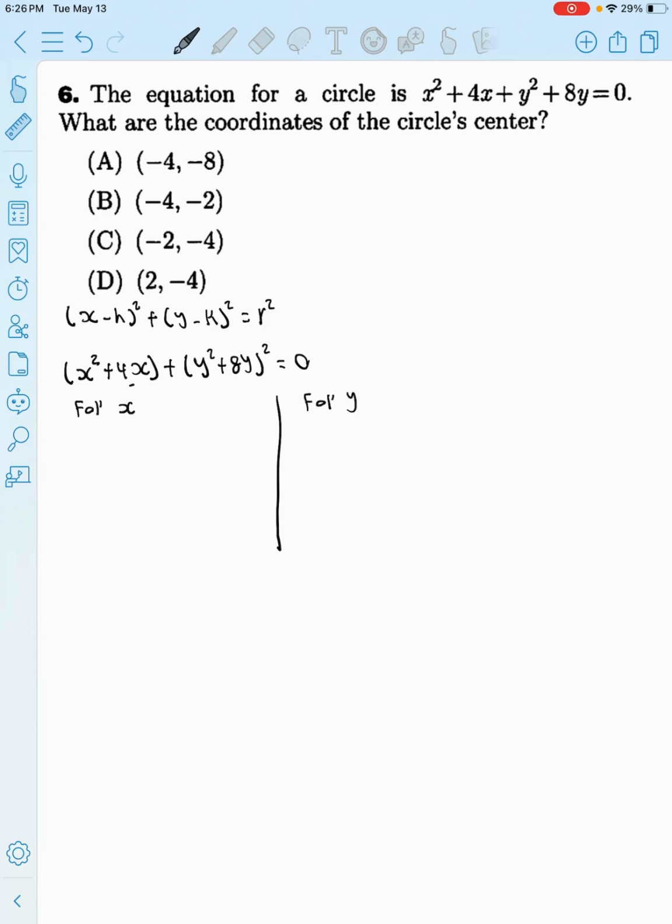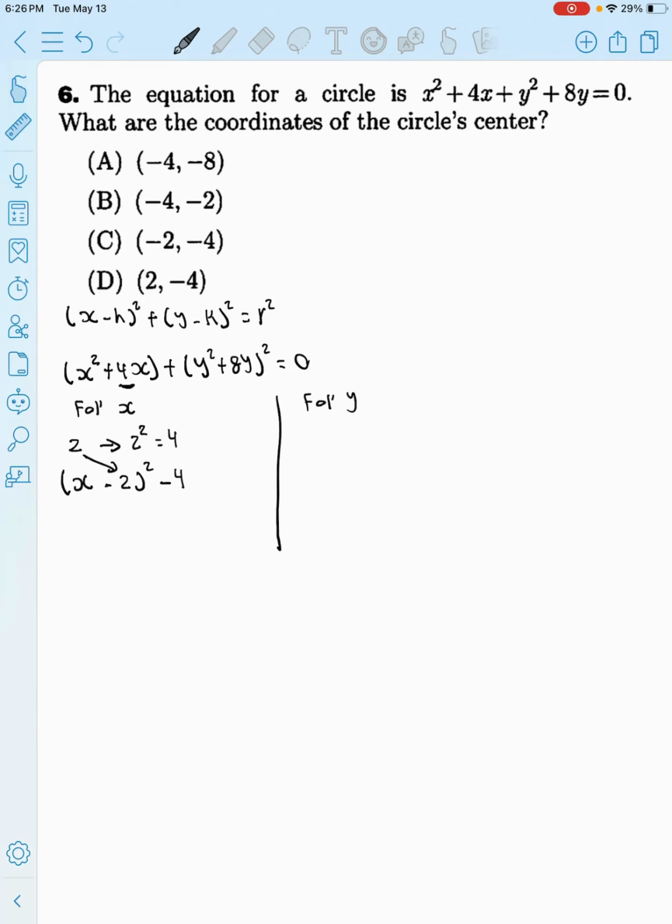So this number, you're going to divide it by 2, and then you square that value. So basically that is 4, so it's going to be 2, and 2 squared equals 4. And basically you make x plus 2, all squared, minus 4.